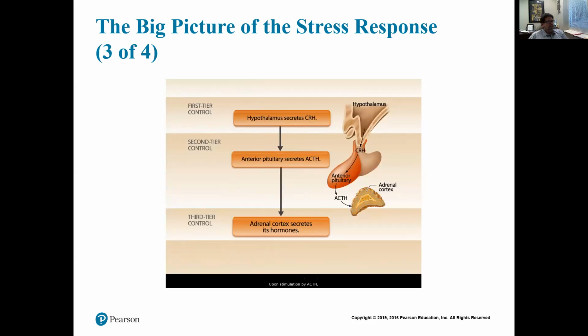Upon stimulation by ACTH, the adrenal cortex secretes glucocorticoids, mineralocorticoids, and androgenic steroids. This multi-tiered system of control is called the HPA, or hypothalamic pituitary adrenocortical axis.